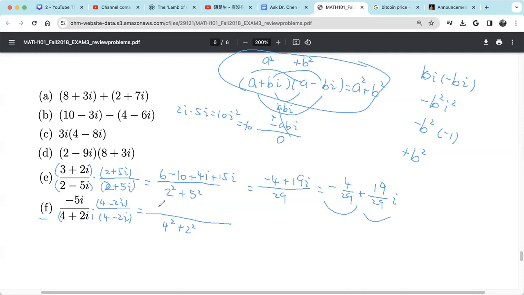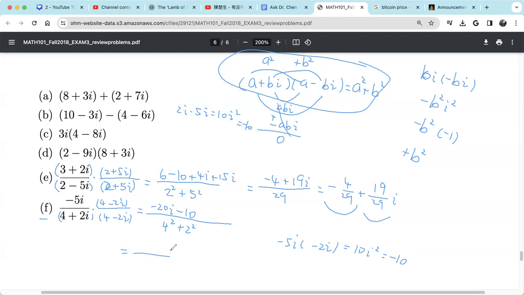So multiply the numerators, we have -5 times 4, which is -20i. Then let's put it on the side, we have -5i times -2i. Negative times negative becomes positive. 5 times 2 is 10, right? i times i is i squared. Again, i squared is -1. -1 times 10, -10. So we get -10.